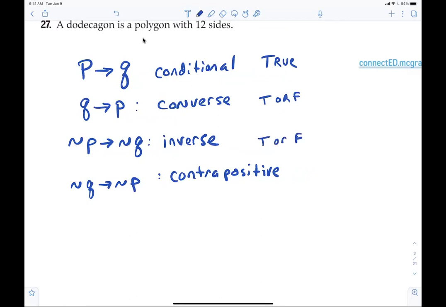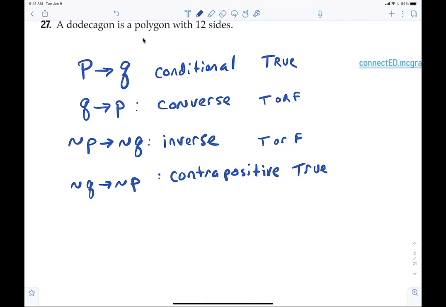But the contrapositive is always true. If the conditional is true, the contrapositive is always true. Is everybody with me on that?